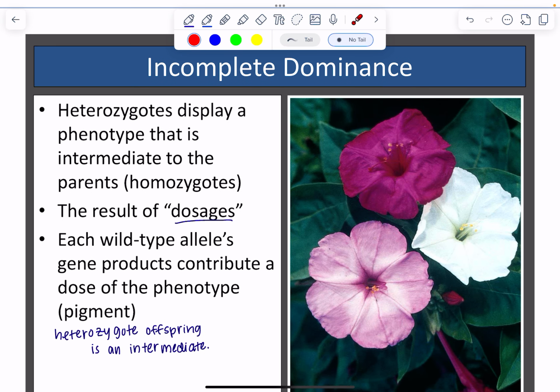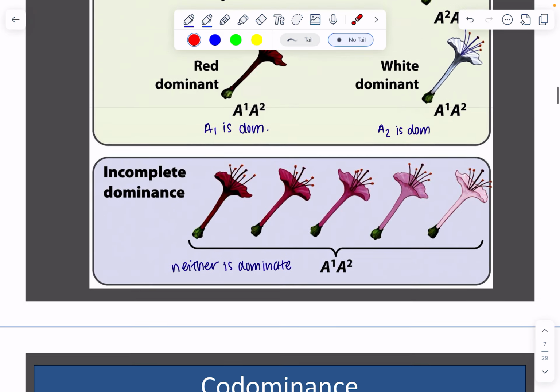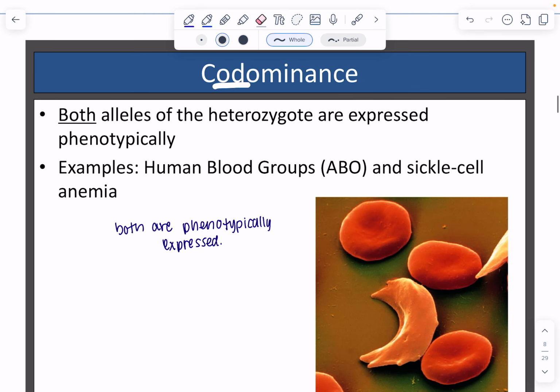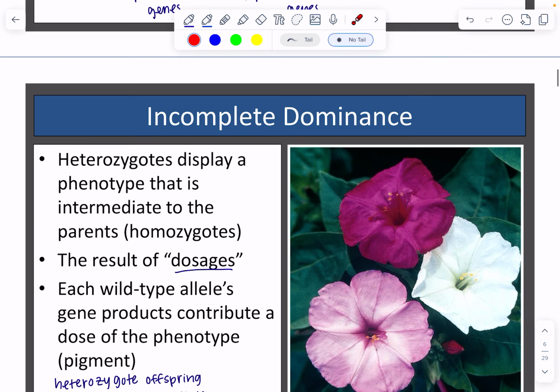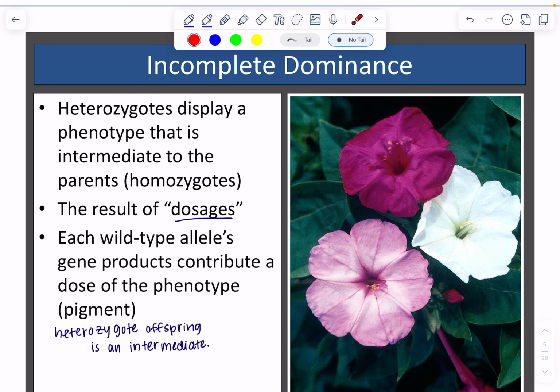So incomplete dominance is when you get that dosing effect. I think it's confusing sometimes because incomplete dominance and co-expression seem similar, but co-expression, or codominance, is when both alleles are being seen, which is different from incomplete dominance. Incomplete dominance means you've got a scale between two phenotypes.